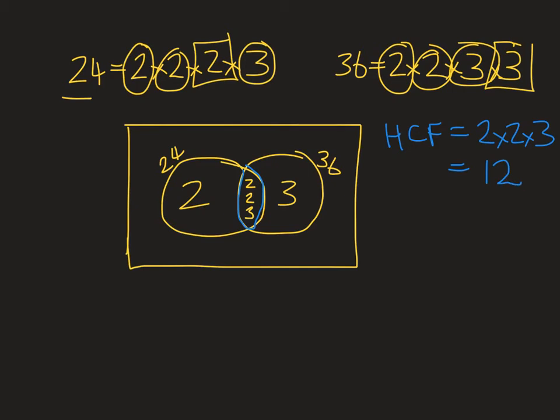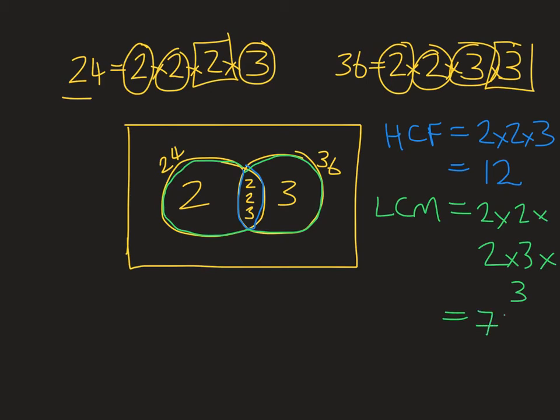And the lowest common multiple, if you like, is all the numbers in the union. I'm using vocabulary from sets that you need to remember. So it's all of these numbers multiplied together. So it'd be 2 times 2 times 2 times 3 times 3, which is 72.